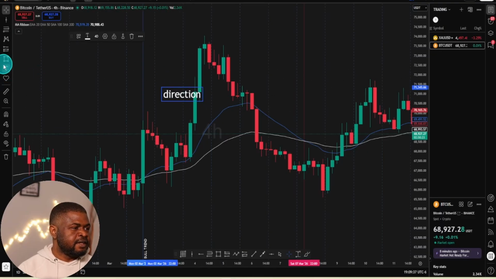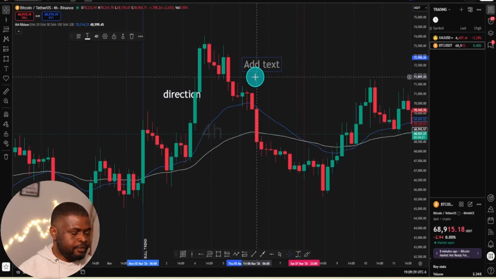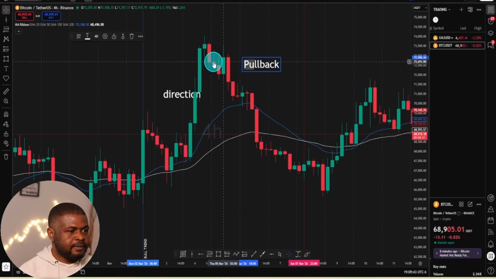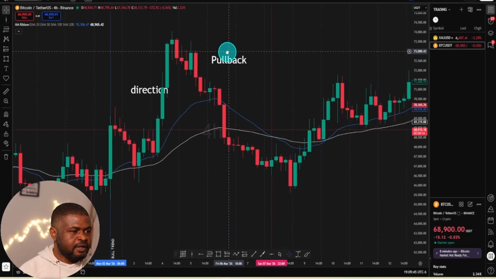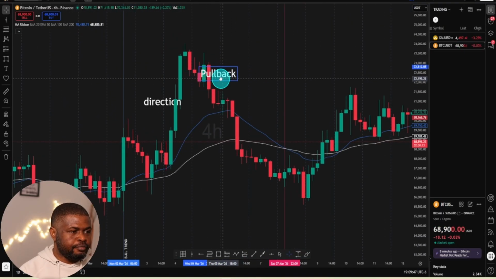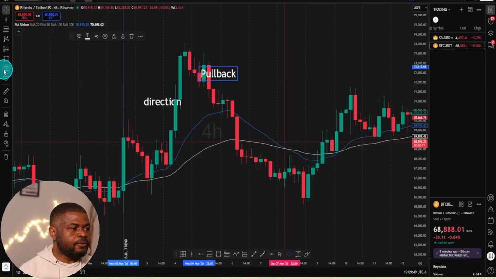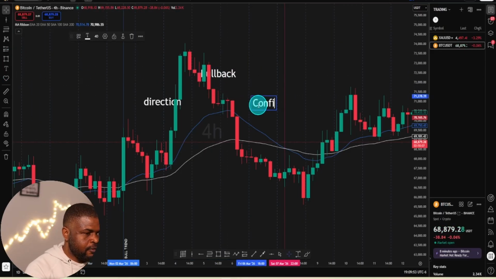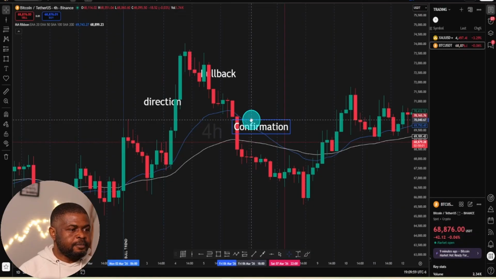And again, this will be the pullback, right? While the price was pulling back, I am looking for what? Confirmation. Confirmation to do what?